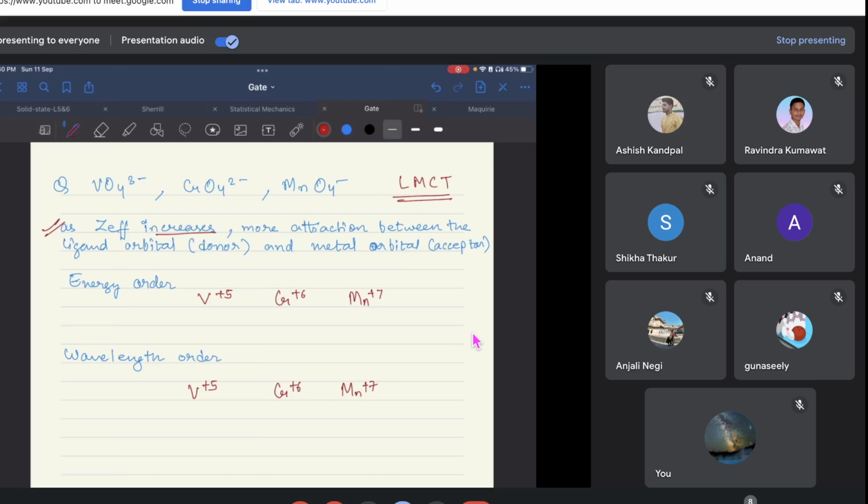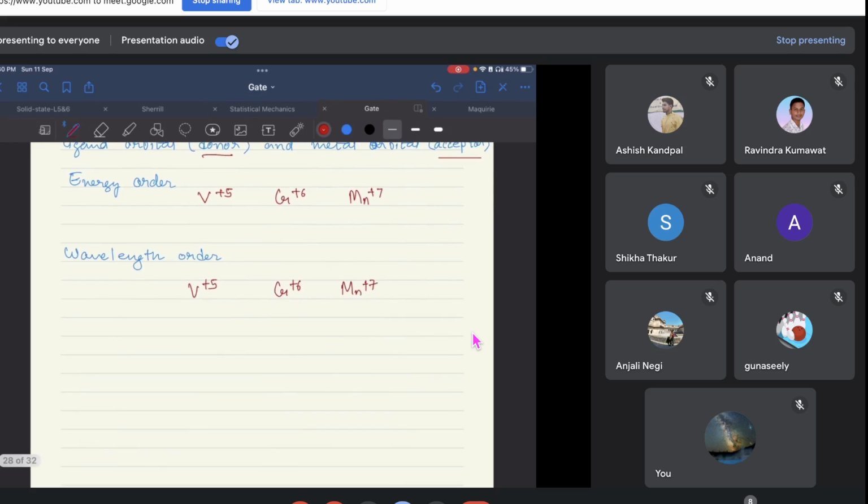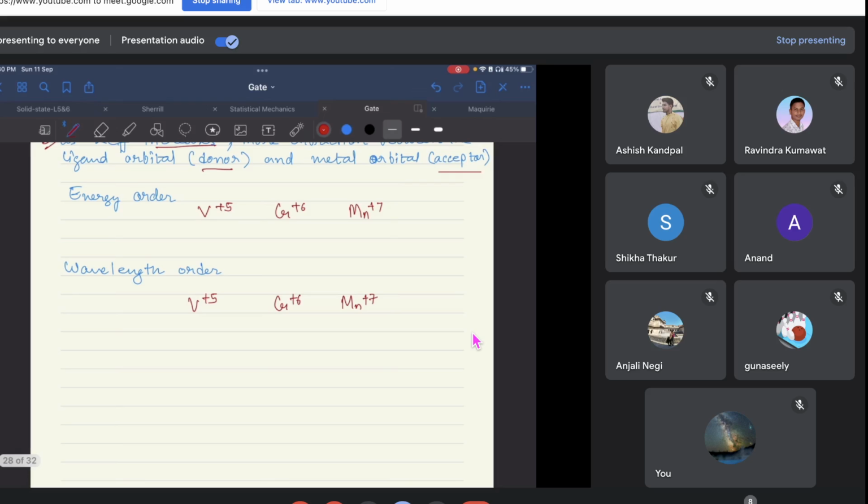So my energy order will be, the ligand will act as a donor and my metal will act as an acceptor. So the oxidation state is as follows: vanadium plus 5, chromium plus 6, manganese plus 7.